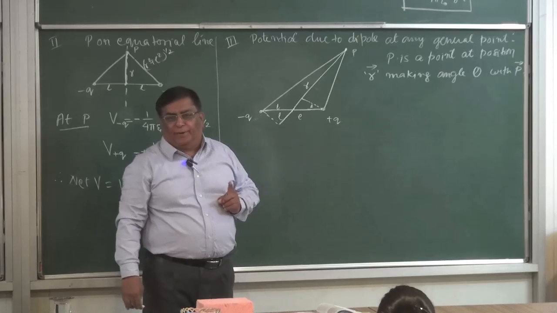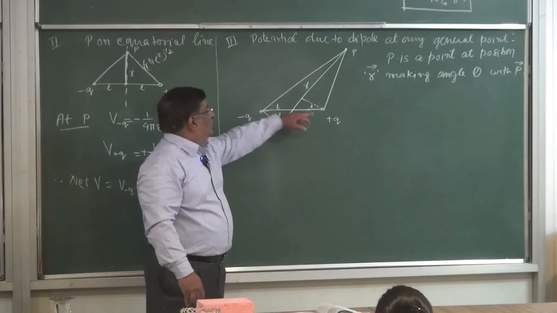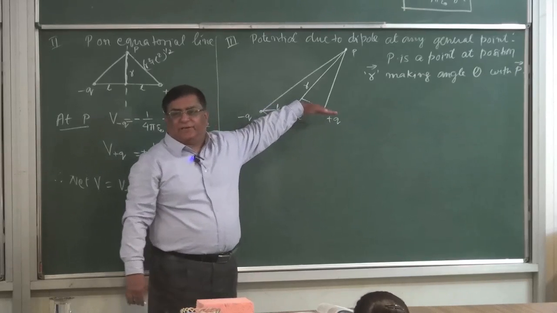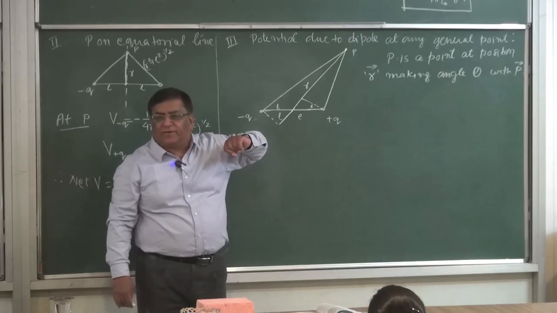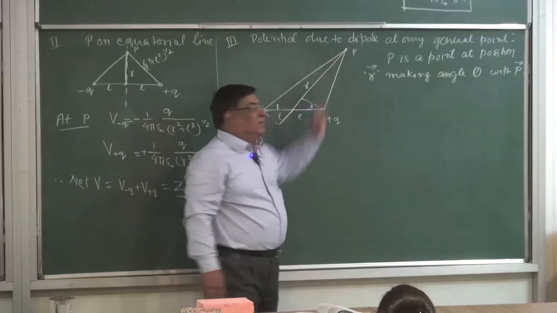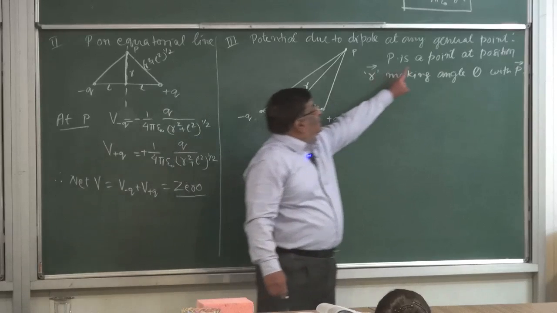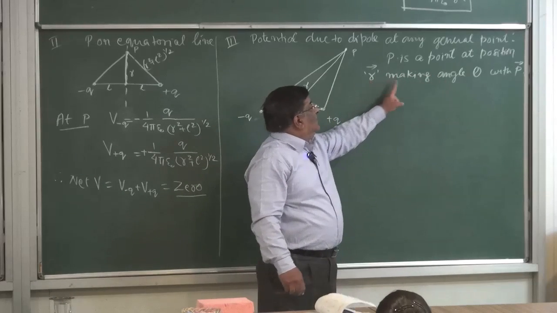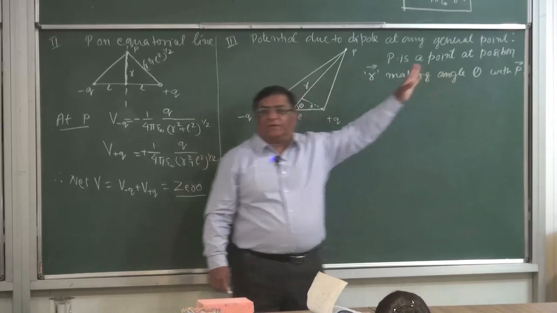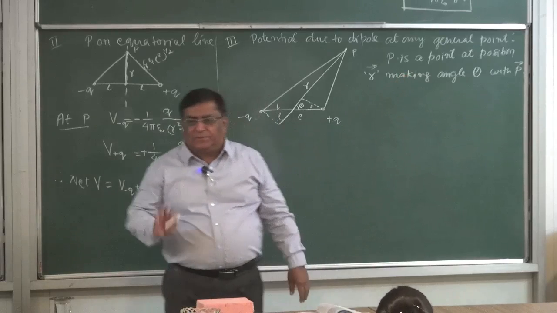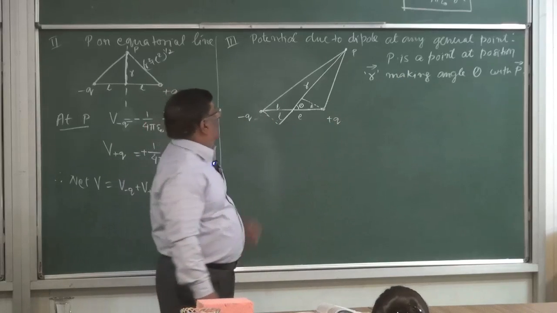Vector, dipole moment. The answer is from minus to plus. This is the direction of P. What is the direction of position vector R? This. Angle between the two, theta. P is a point at position vector R making angle theta with the dipole moment vector P. Is this situation clear? Okay.